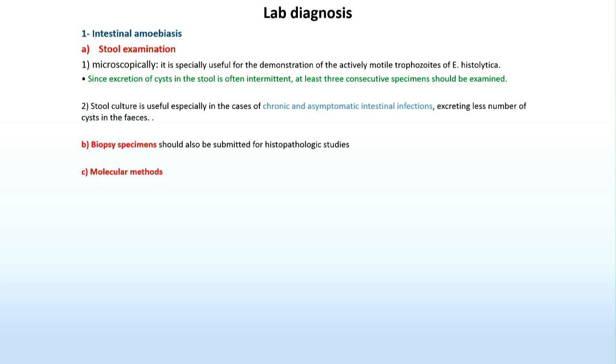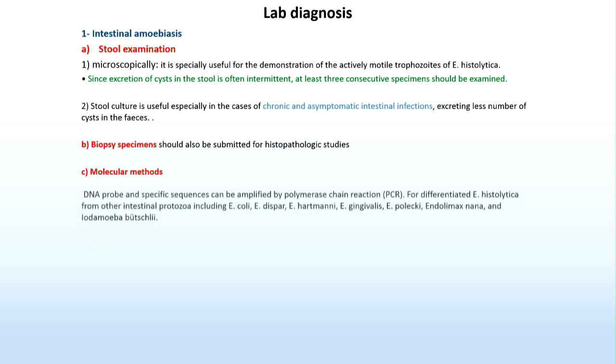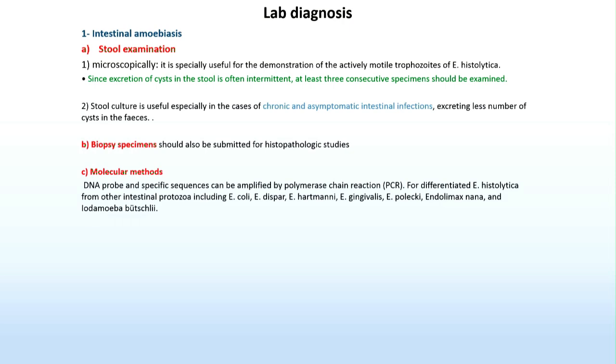It can also be diagnosed by molecular methods, which means DNA probes and specific sequences can be amplified by polymerase chain reaction, PCR. This is useful to differentiate Entamoeba histolytica from other intestinal protozoa, including Entamoeba coli, Entamoeba dispar, Entamoeba hartmanni, Entamoeba gingivalis, Endolimax nana, and Iodamoeba buetschlii.